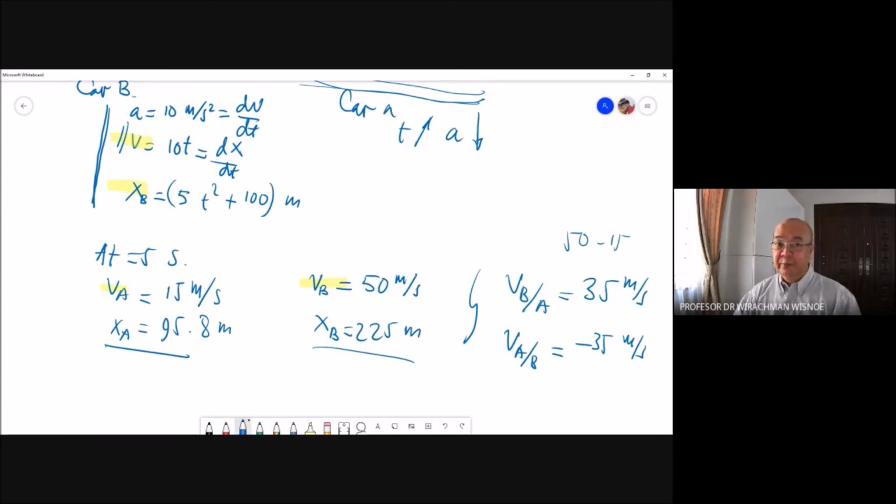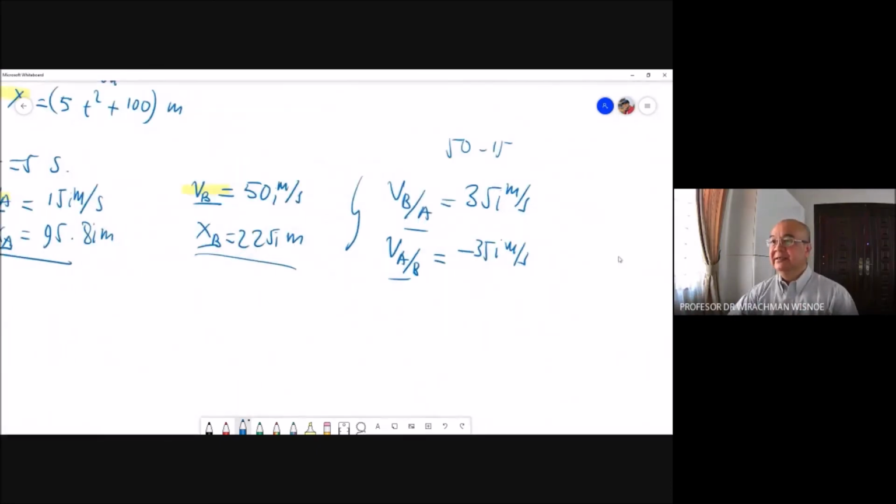If you want to make it a vector, you write it correctly, this is i, all i, because everything is in the i direction. You can omit i because everything is in the i direction.